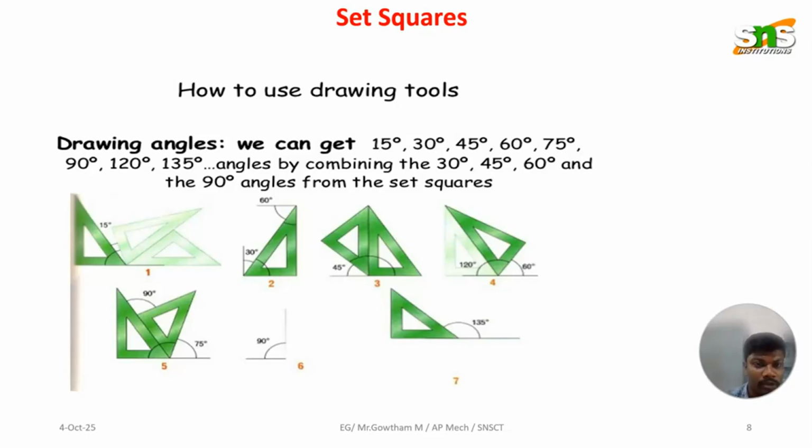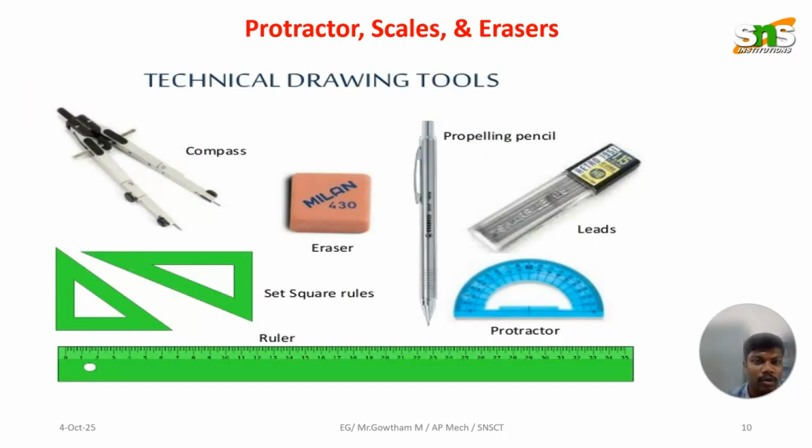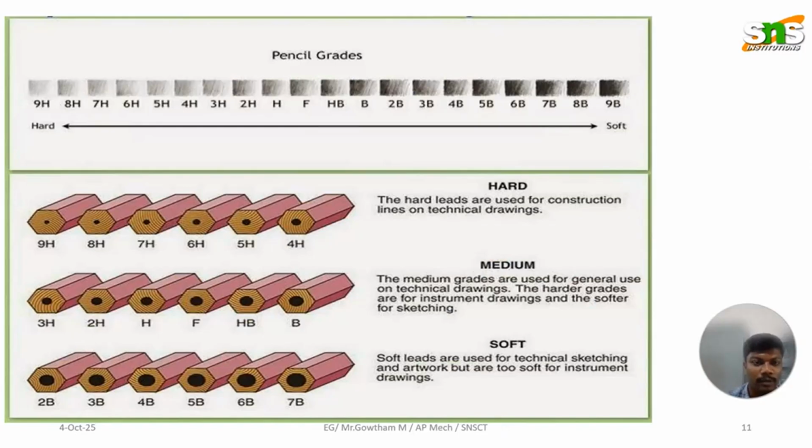These are some clips, how to fit the clips and how to follow the steps. So here are some technical tools like a compass, as I mentioned earlier, scales, protractor, etc. This is a major part of drawing.